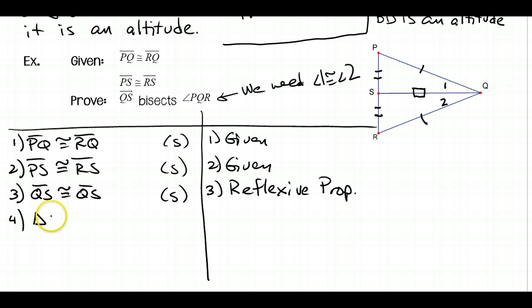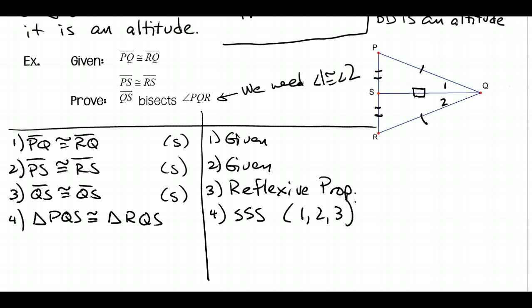So now I've got triangle PQS is congruent to triangle RQS, and my reason is going to be side, side, side, and the steps that I got all those parts from are 1, 2, and 3. If you don't put the numbers in, you're going to lose points on the quizzes and tests.